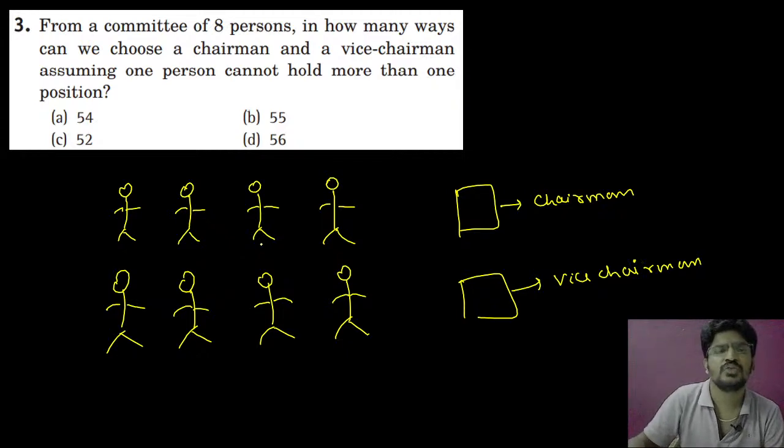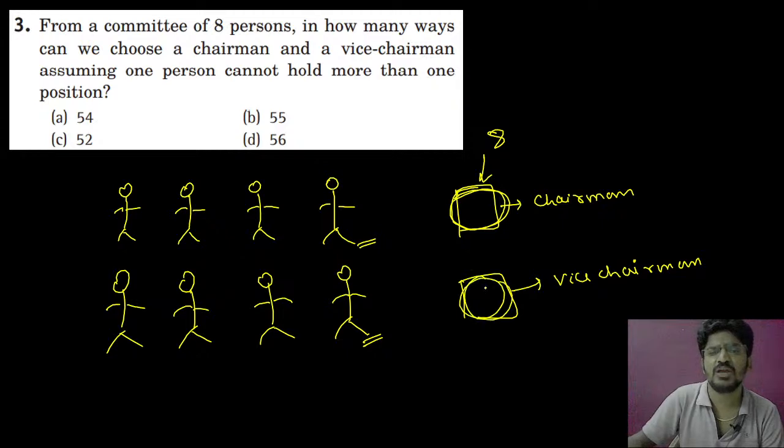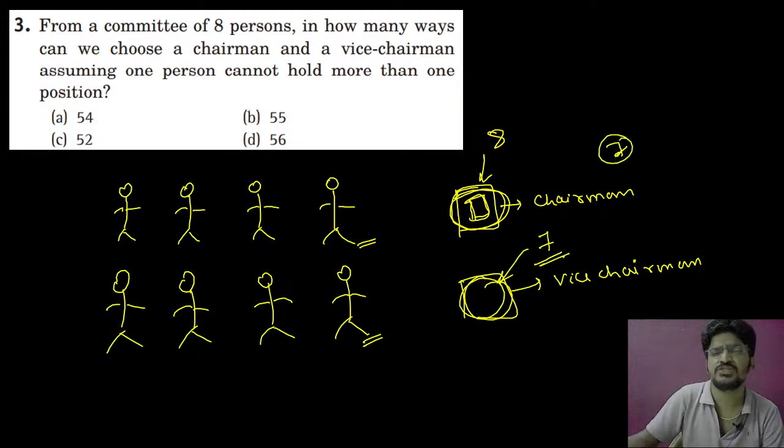Clear? So we have 8 different people. For the chairman I have how many choices? 8 choices. For the vice chairman, because already one person is sitting in the position of chairman, we are left with only 7 choices.